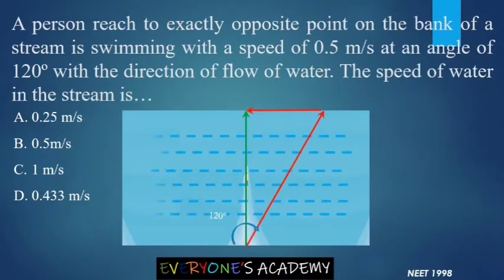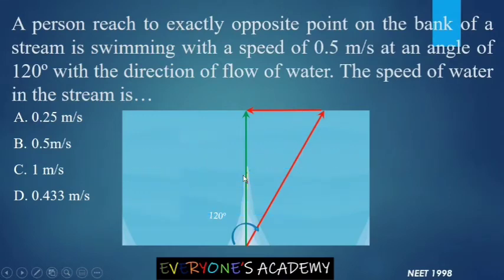So the value of this river flow should be such that the swimmer will come back to the straight or perpendicular direction automatically, even if he is swimming in this direction. We know the swimmer's velocity is 0.5 meter per second, so this vector is given.